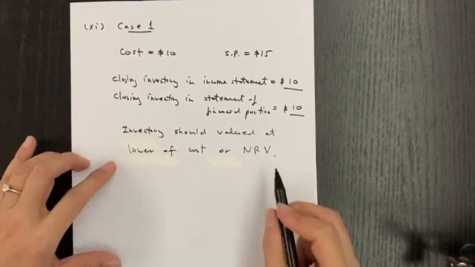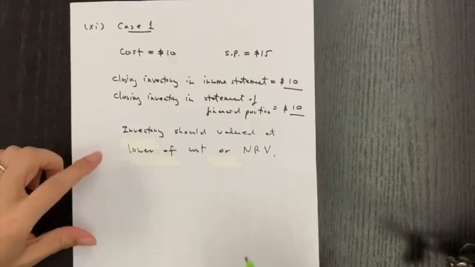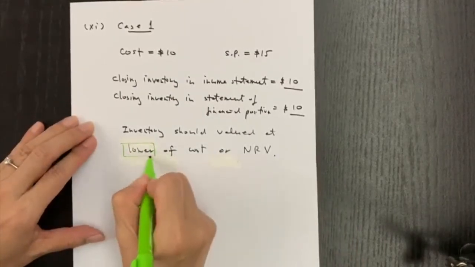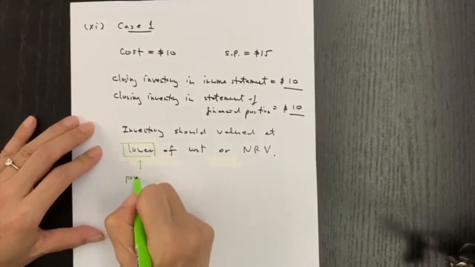Okay, so in the accounting standards, and now I need to explain to you step by step. Inventory should be valued at cost or NRV, so we always choose the lower one because of the prudence concept.